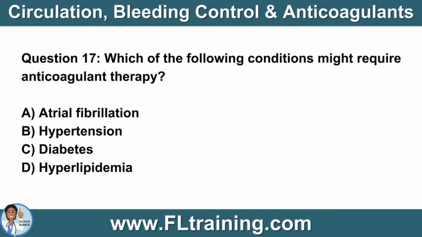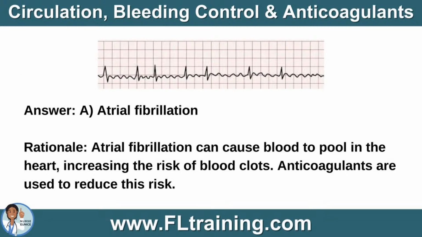Revealing the answer in 3, 2, and so many of you got it right. Yes, it is atrial fibrillation. The heart's just quivering. It's not really pumping effectively, which gives clots time to form. So atrial fibrillation can cause blood to pool in the heart, increasing the risk of blood clots. Anticoagulants are used to reduce this risk.